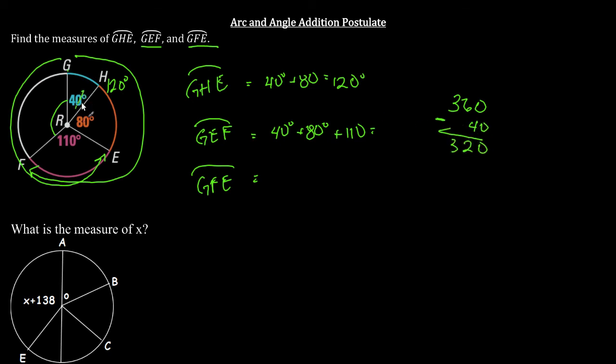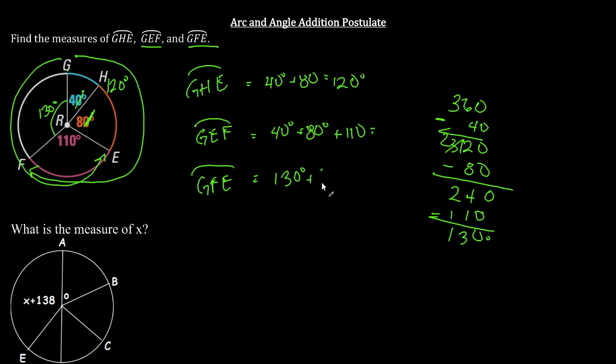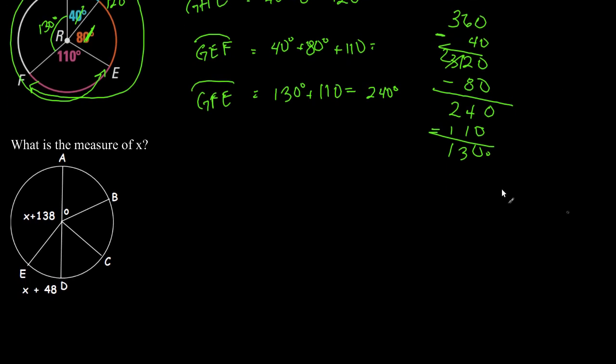Then take away 80, which gives you 240, and take away the 110. We get 130 degrees. 130 degrees plus, remember this 110 right here, and you get 240 degrees. Not too difficult. I'll show you one last thing.